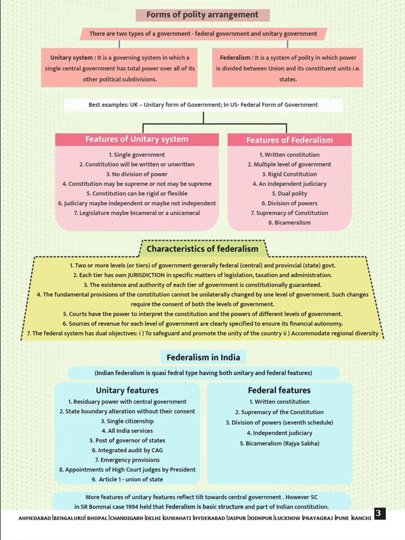Seventh, the federal system has a dual objective: one is to safeguard and promote the unity of the country, and second is to accommodate regional diversity.